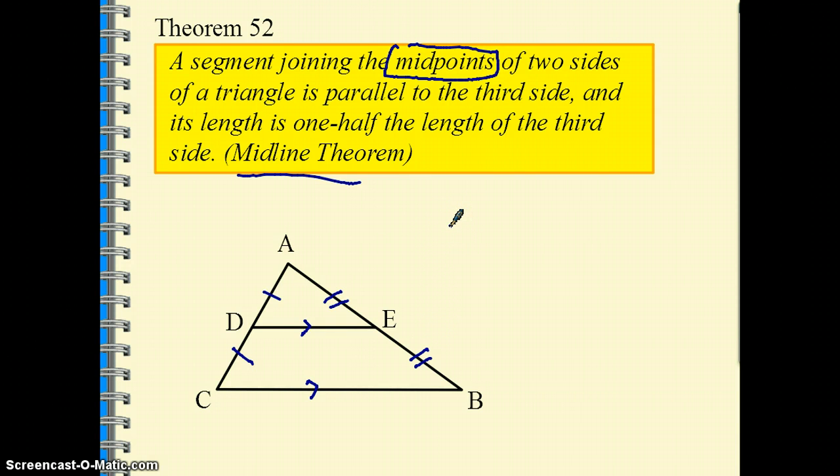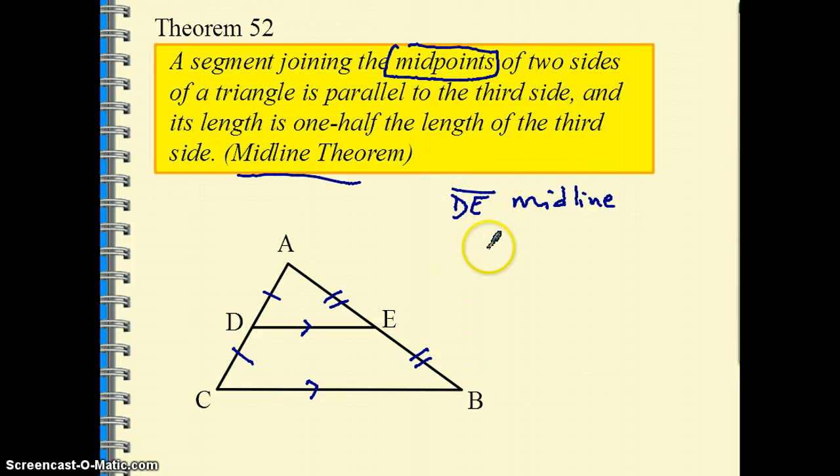We want to think about, well, what does that give us? What can we conclude from being given that DE is a midline? So I could tell you one of two things. I could tell you D is a midpoint of AC, E is the midpoint of AB, or I could say that DE is a midline. And from that, what can we conclude?